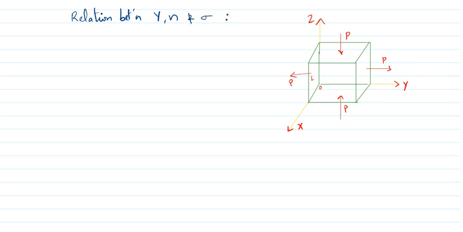Let us consider a cube of side length L upon which an extension stress P parallel to the y-axis, and a compressional stress, you can see here the arrow going down, a compressional stress P parallel to the z-axis is applied. There is no stress parallel to the x-axis.